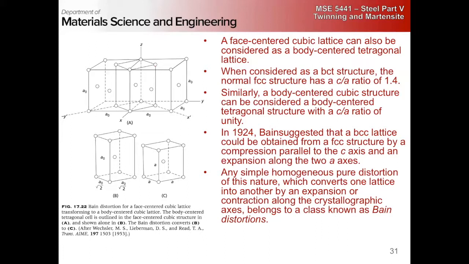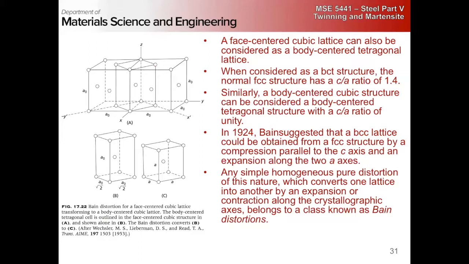And we talked about the Bain distortion as an example in steel, how you can go from an FCC to a BCC lattice. You can imagine that the FCC is actually a special case of the BCT lattice, body-centered tetragonal.